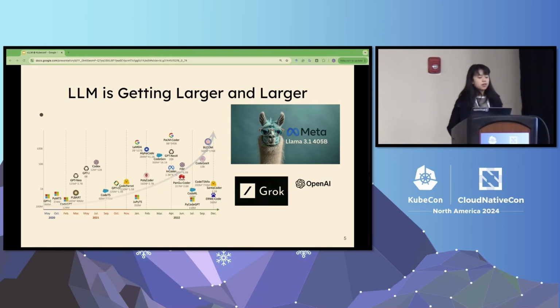And as we move forward in time, the model size increased dramatically, with models reaching up to hundreds of billions of parameters. And the trend is visible with examples such as Llama 3.1 with 405 billion parameters, or Grok model with over 300 billion parameters, or OpenAI GPT series.